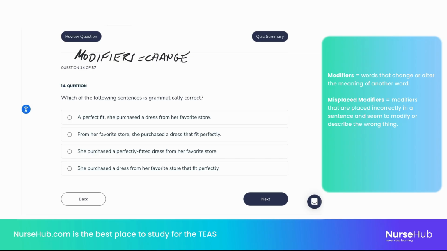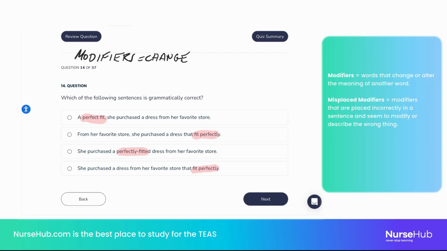So here we're really looking at that word, that term, that phrase of perfectly fit. Now here, we're also looking at misplaced modifiers, because modifiers really like to be right next to what they're modifying. Okay, so let's look at these and use our cross-elimination to cross some of these off.